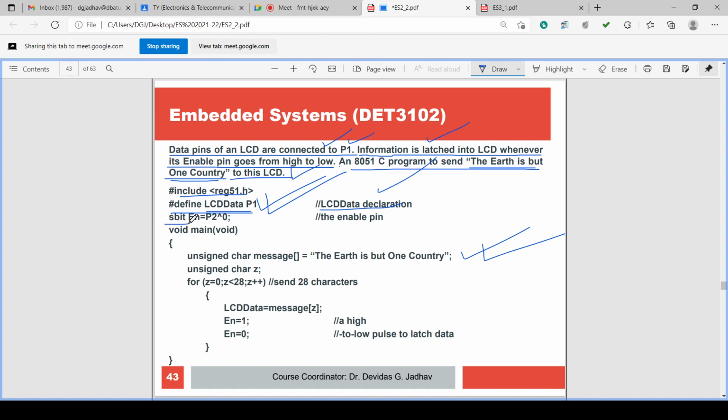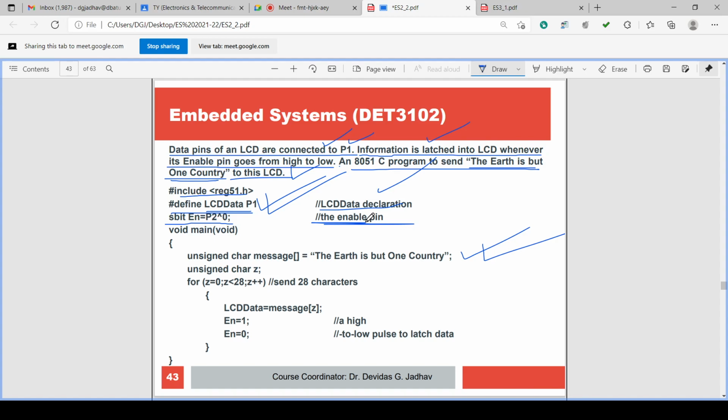Then there is a sbit, single bit, EN equal to P2.1. EN नावाचं व्हेरिएबल आहे, सिंगल बिट, इक्वल टू P2.1. इट इज एनेबल पिन. एनेबल पिन काय आहे, पोर्ट 2 च्या पहिल्या पिनला कनेक्ट केलेली आहे.